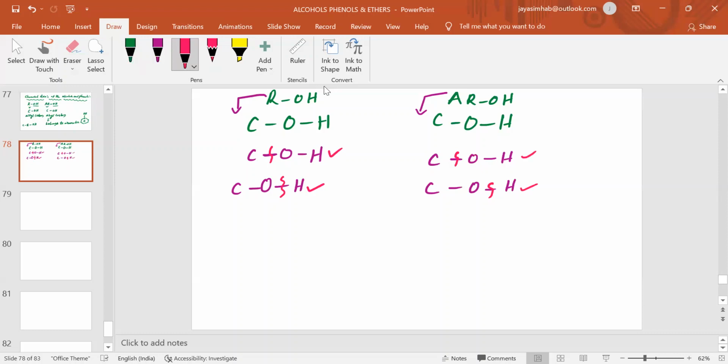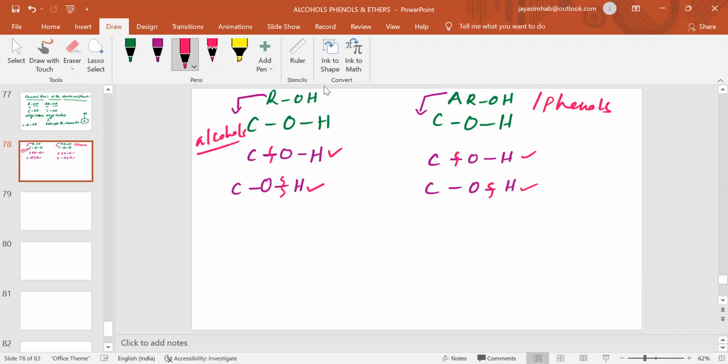If it is phenols, this will be common in both: cleavage of the C-O bond or cleavage of the oxygen-hydrogen bond. So both are common in alcohols as well as phenols. These are phenols, and these general ones are alcohols.